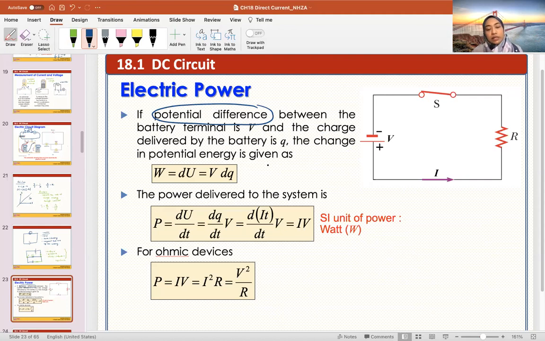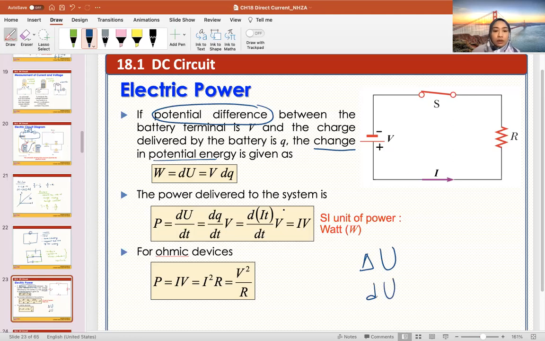The change in potential energy is given by dU, because we are talking about the change in potential energy. We know that potential energy is U. If I'm talking about change, I have to put in delta, or in the math world, we use d.